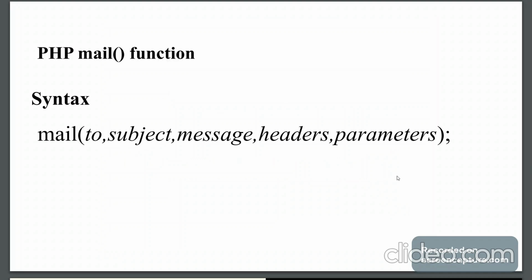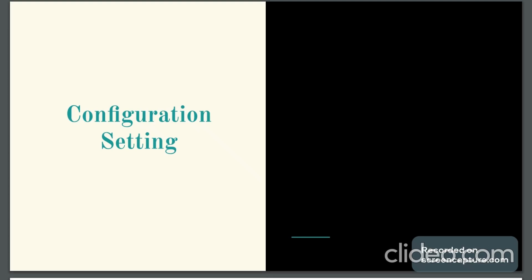And in the header we can mention parameters like the CC and BCC options of the email. CC means carbon copy and BCC means blind carbon copy. And if you want to mention from and your details as a sender, you can write that in the header.